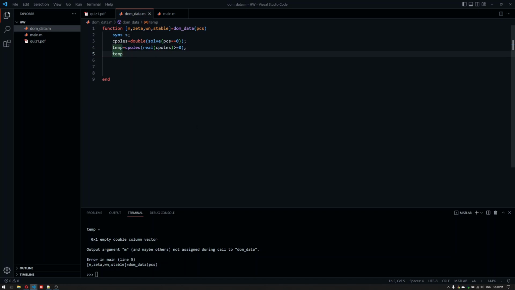And if this is empty, then it means that it is stable. Because what I'm doing is I'm kind of checking for positive real values of roots. If they are positive, it means that they will be on the right half plane, therefore not stable.